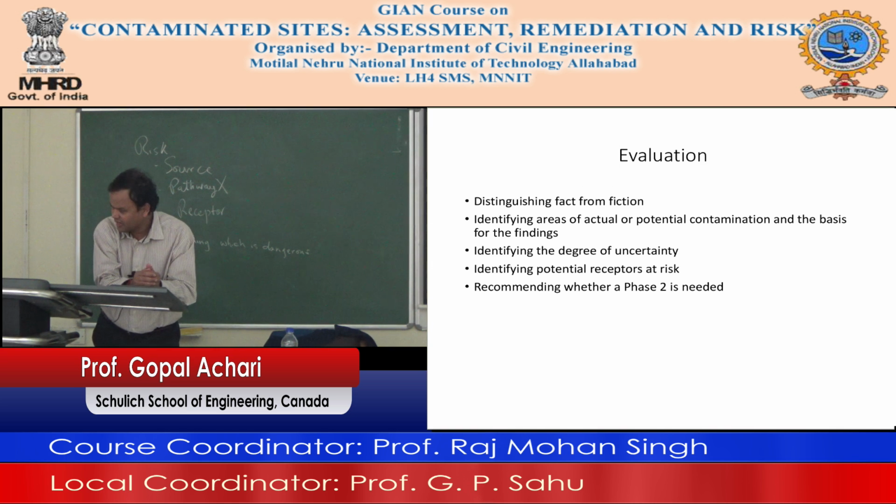Identifying areas of actual potential and the basis for the findings. This is where you would say, I think this is what has happened here, and this is the reason I think so. Identifying the degree of uncertainty is also important, because phase 2 is going to be based on phase 1.